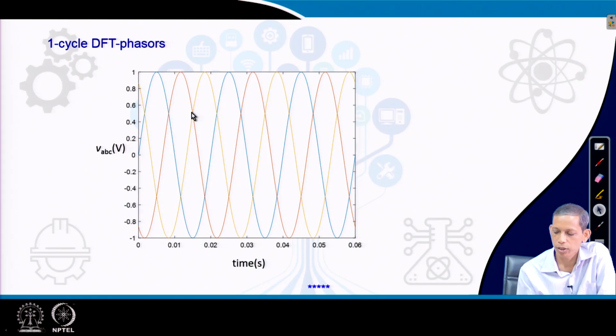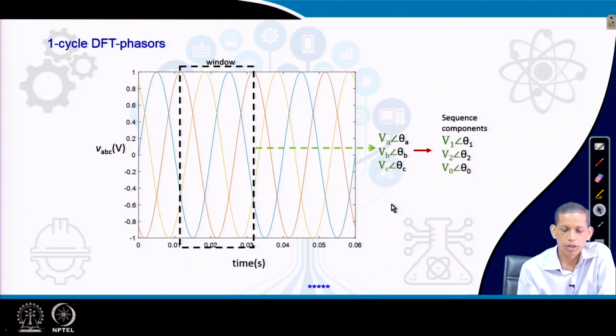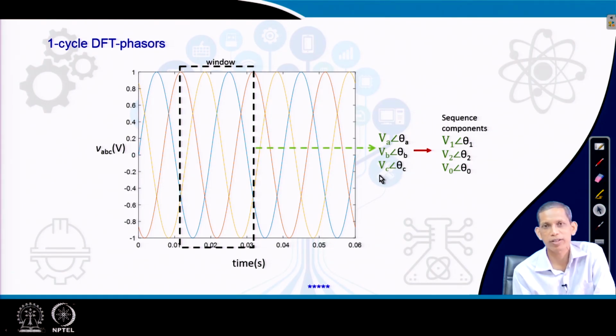Let us say we take one window, with a number of samples, capital N, in this window. For each signal we compute the corresponding phasors V A, V B, V C, with angles theta A, theta B, theta C, which are obtained using the one cycle DFT for this window.